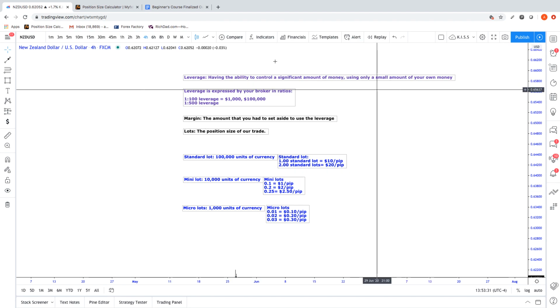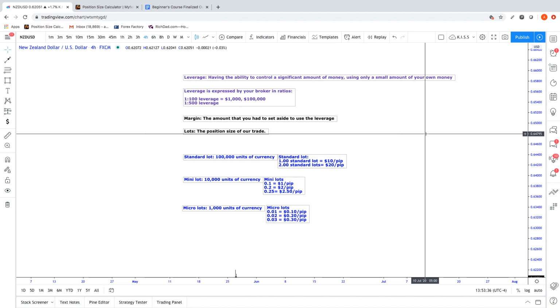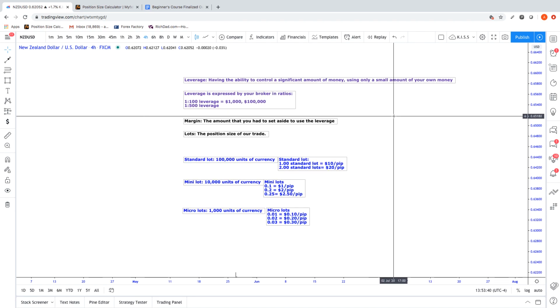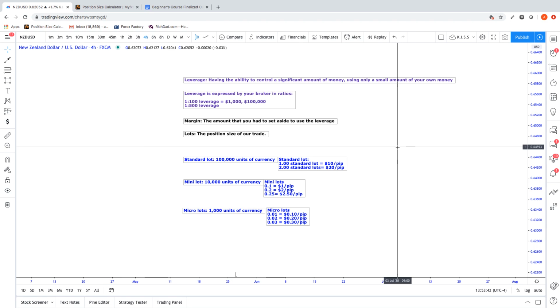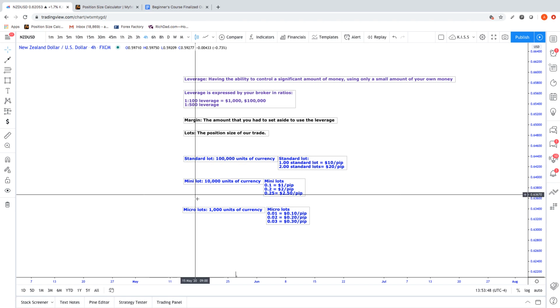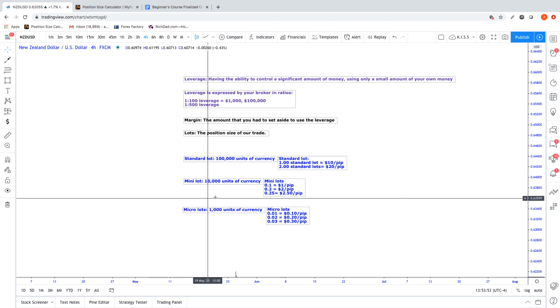This is just to give you an overall idea of how we can leverage our money by using margin and leverage to take a significant enough position in the market to actually make a profit. Whatever lot size we are using in the market determines our yield per pip.